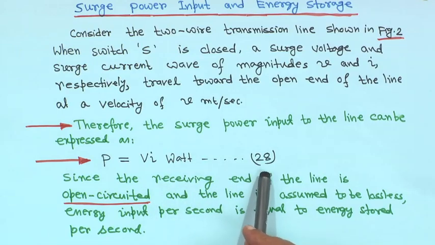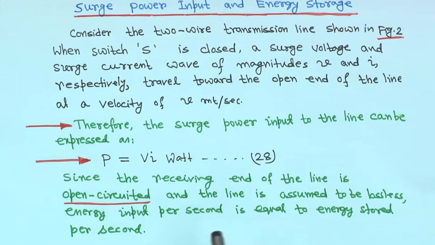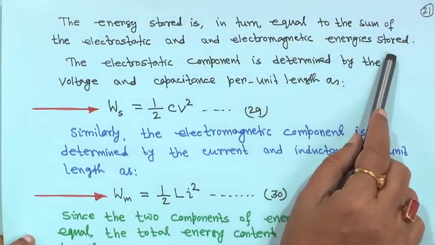This is equation 28. Now, since the receiving end of the line is open circuited, and we have assumed the line is lossless, the energy input per second is equal to the energy stored per second. The energy stored is equal to the sum of the electrostatic and electromagnetic energy stored.